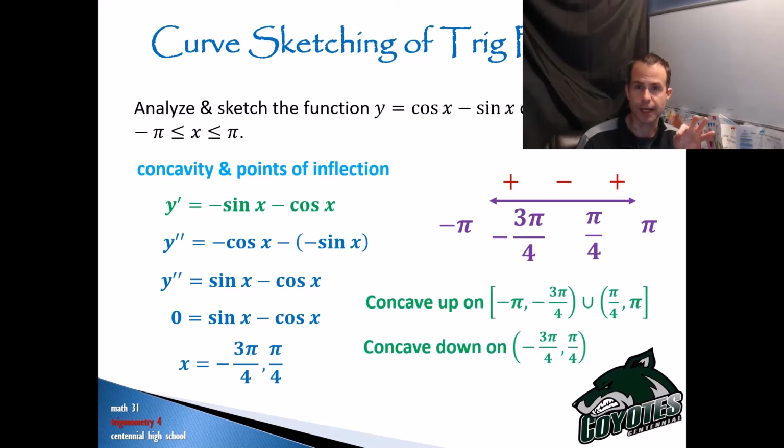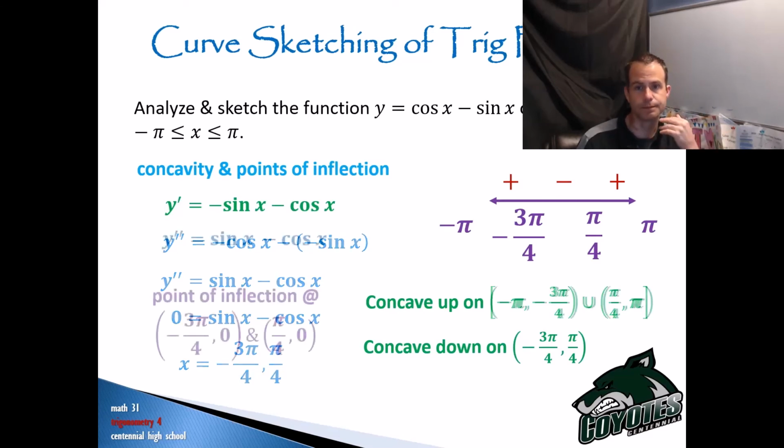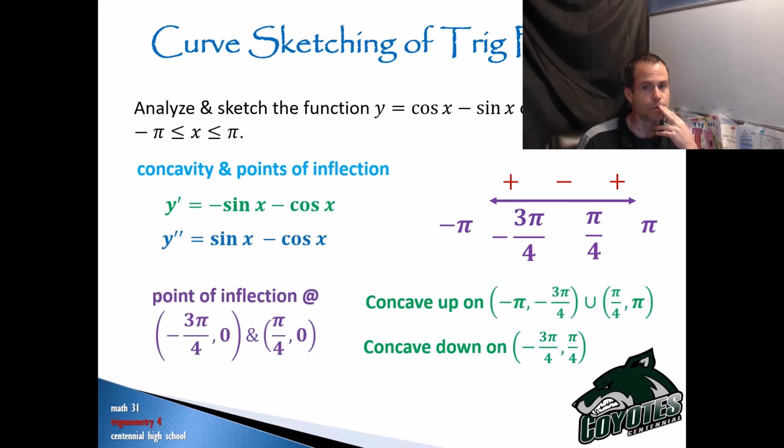That also tells me I have points of inflection at negative 3 pi over 4 and pi over 4. So I want to state that as well. Okay, so points of inflection at negative 3 pi over 4, comma 0 and pi over 4, comma 0. Now in this instance, that doesn't give us additional points. Those are points we've already discussed.